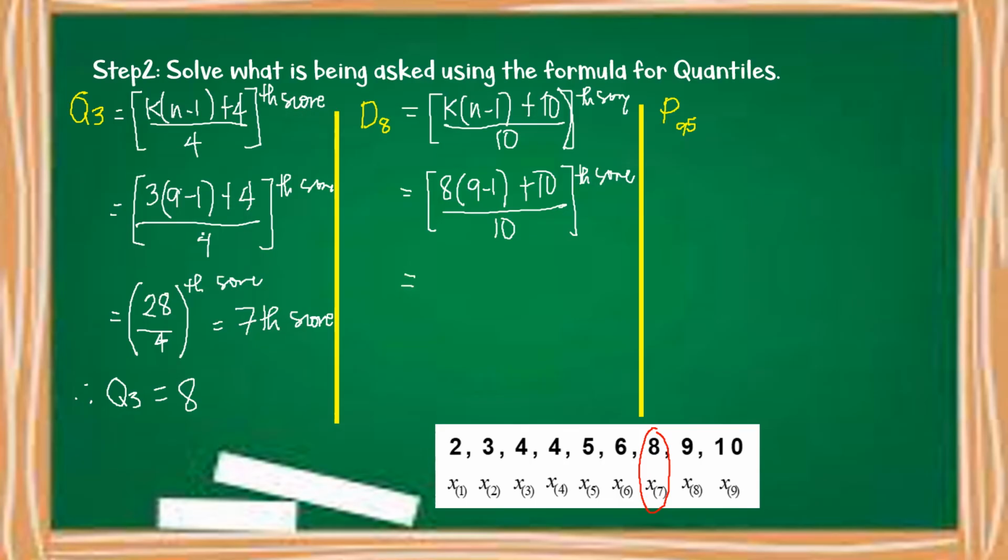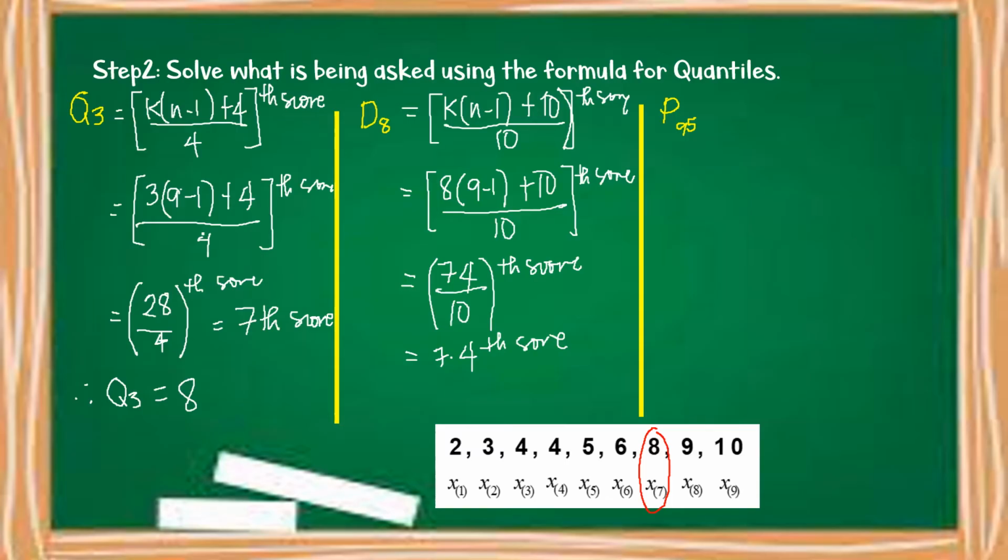So we have 9 minus 1 is 8 times 8 is 64 plus 10 is 74 divided by 10. Am I correct? 9 minus 1, 8 times 8, 64 plus 10. And then 74 over 10 is 7.4 score.